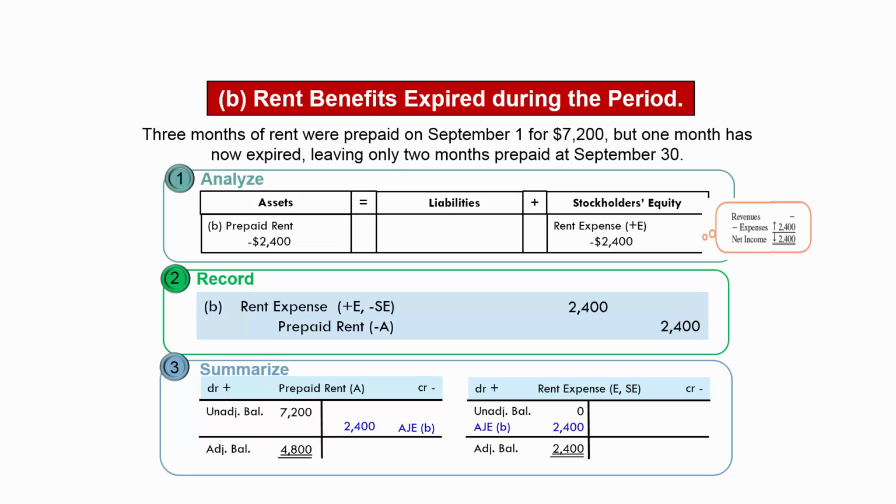The thing to look at here that's really rather cool about it is that after we have removed the $2,400 from our prepaid rent, we have $4,800 left. Well, how many months is $4,800? 2 months. So prepaid rent will then reflect the 2 months, which was October and November, that remain.